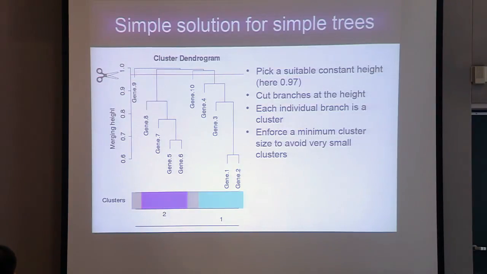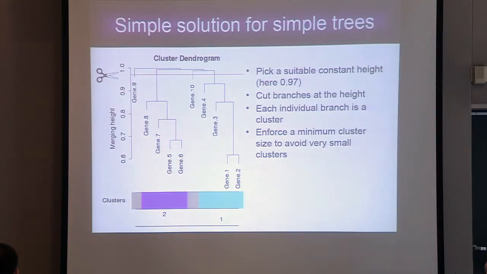Okay. Now, in genomic applications, we usually like to enforce a minimum cluster size. We don't like clusters that only have one gene in them. That sort of goes back to the idea that if you have a person living on their own somewhere far out of a city, you don't call that a city or a town. They're just separate, away from cities.